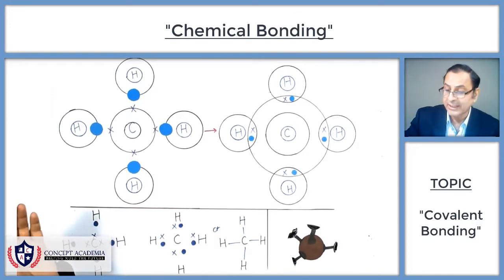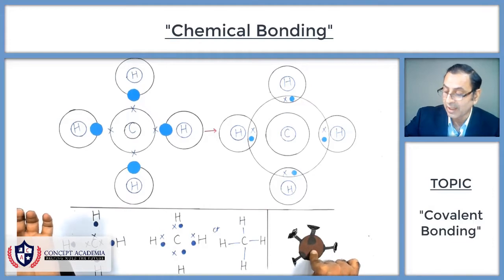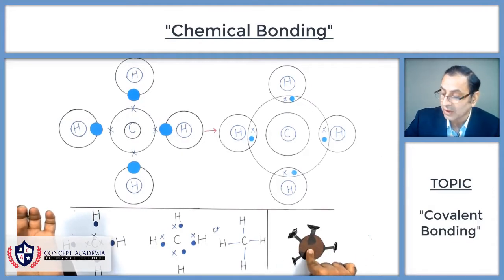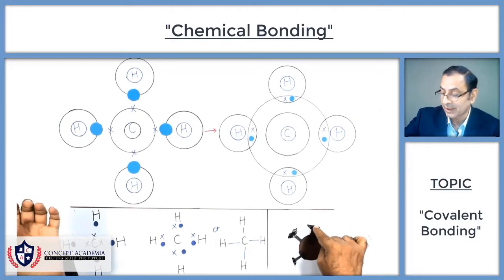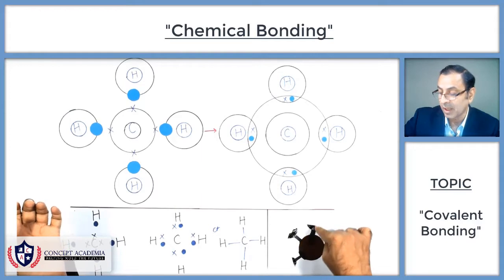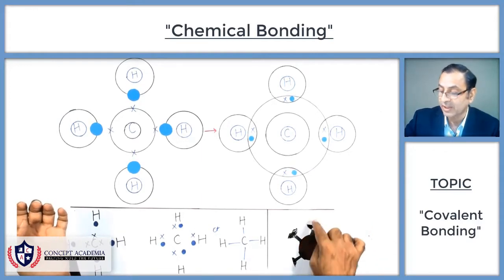So there is the carbon with its nucleus having protons and neutrons, and hydrogen with its proton. The electronic cloud comes between the carbon and hydrogen nuclei, so they will attract each other.